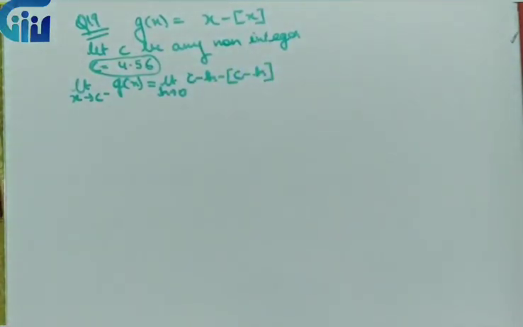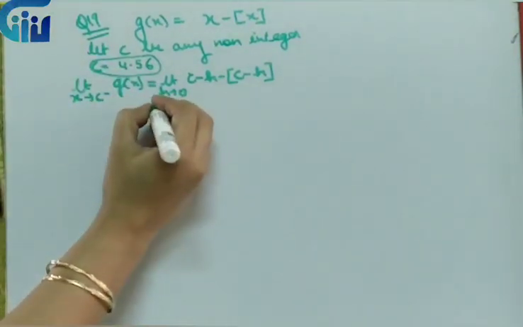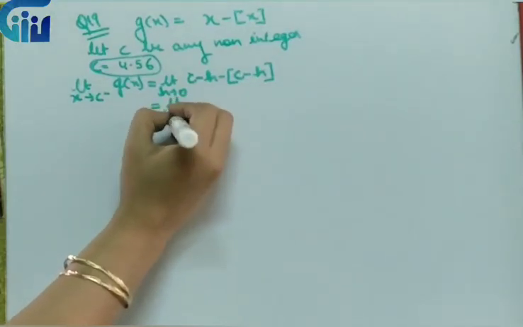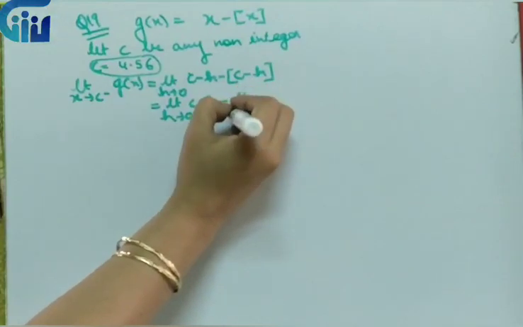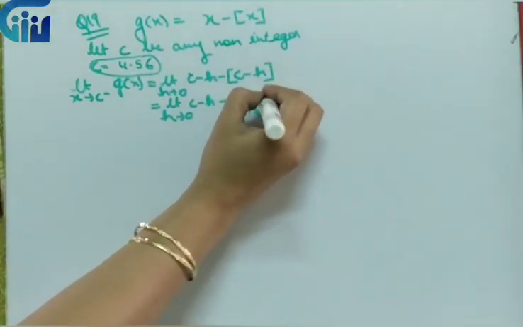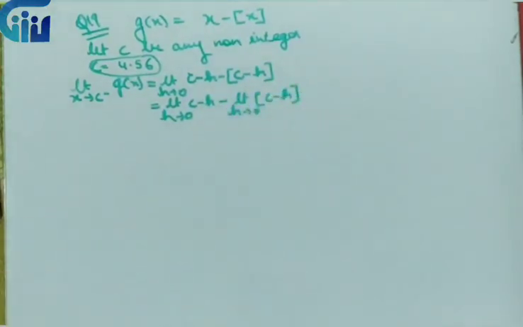Now if I split the limit, it will be limit h tending to 0 of C minus h, minus limit h tending to 0 of the greatest integer of C minus h.